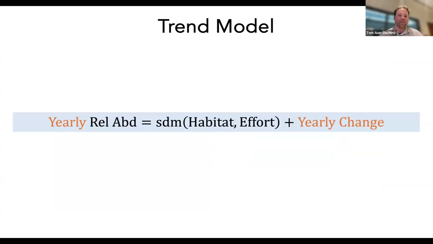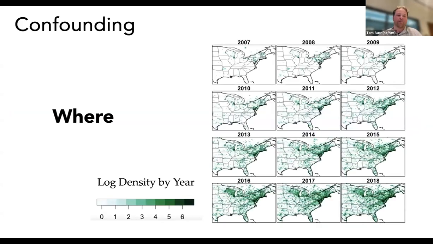What's going on year to year. And so that's kind of the conceptual idea, is that we want to understand what's happening at a yearly basis, and the modeling method wants to calculate a percent per year change in relative abundance. And so that's the goal, but as I kind of set up, confounding is the problem.